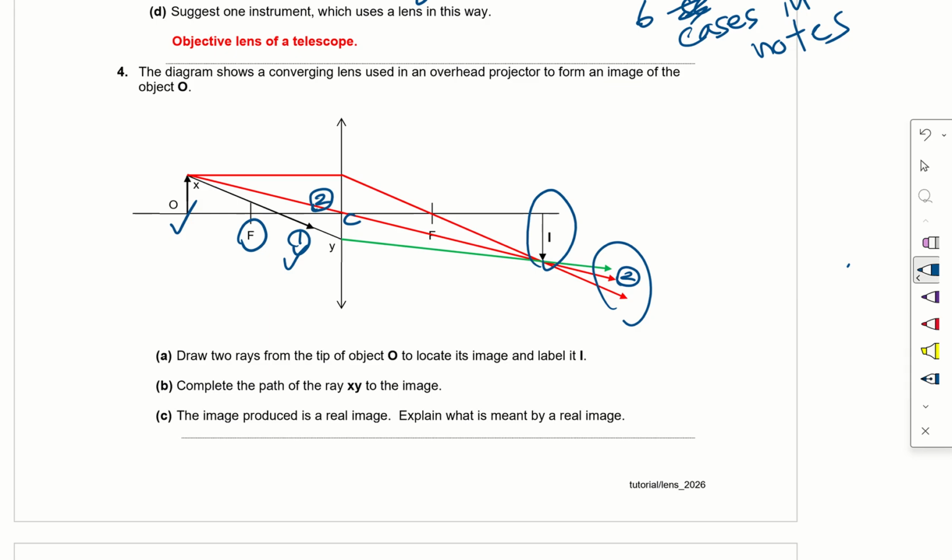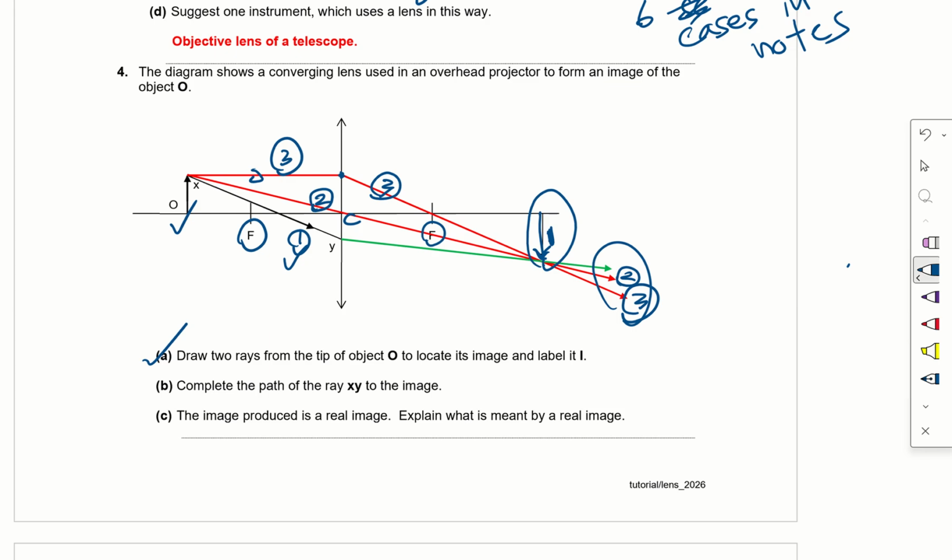So we need to draw another light ray which is parallel to the principal axis, and after it touches the lens, it will go on to cut F. Since the focal point is given, we know how this light ray, number 3, will bend. So 2 and 3 converge over here, and this is where my image is. Okay, so this is done.